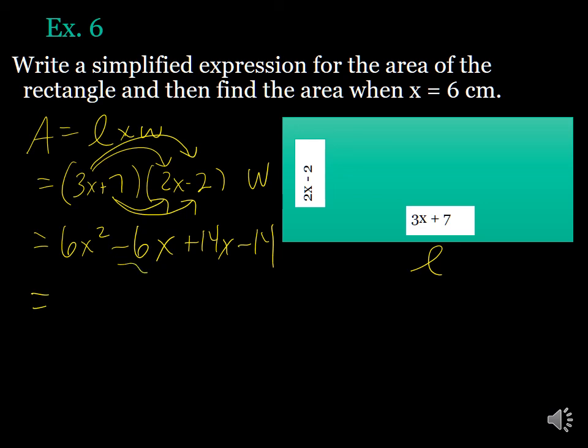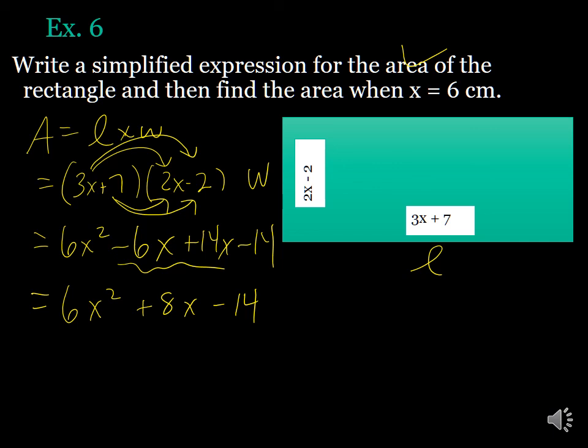Collect like terms, it's our middle ones. 6x squared, negative 6x plus 14x is 8x, and then minus 14. So there's the first part of the question. We've found the area, or at least a simplified expression for the area.